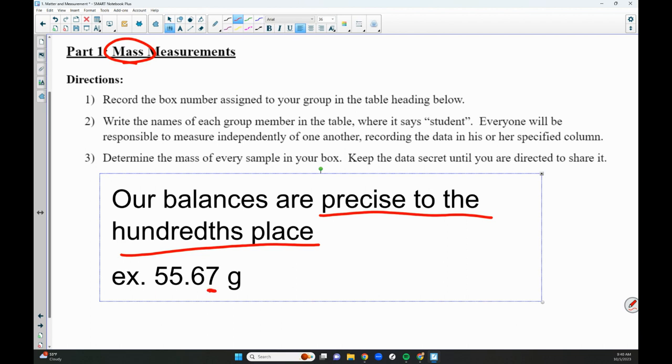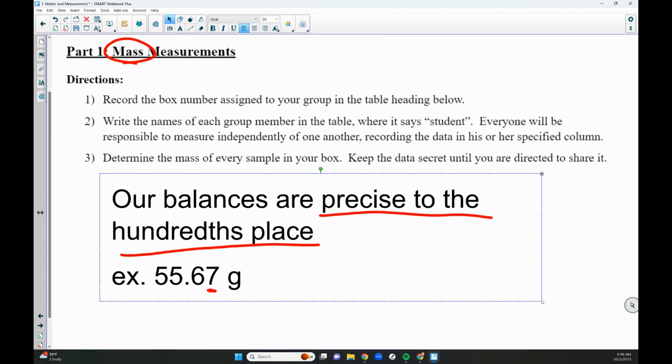For example, 55.67 grams. If someone in your group has 55.6, then they've done it incorrectly here. They've for some reason dropped that 7 off, and we don't want to do that because that 7 is estimated. Remember how we record things. We list all known digits and then 1 estimated digit here, but your balance does that for you. So if you just write down what is on the balance, you should be good there.